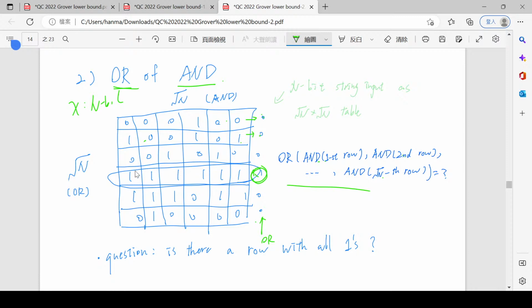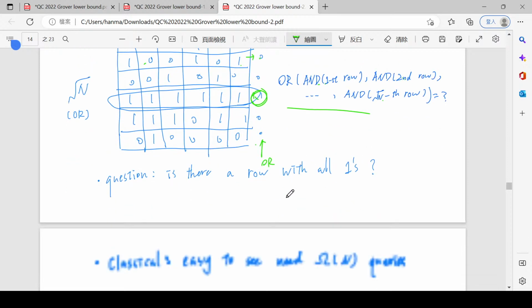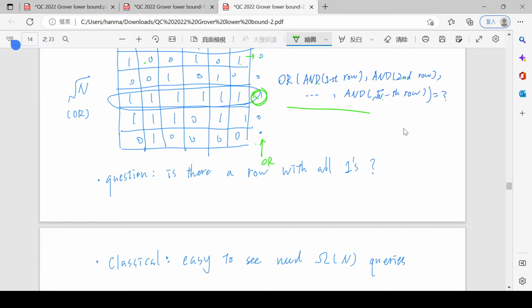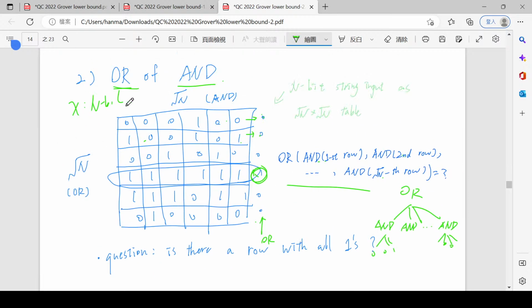So say, is there a row that's all 1s? That's the OR of AND function. And you can also think of this as kind of a decision tree. So it's OR here and the AND. So the OR of square root of n different ANDs, and each AND is over square root of n different inputs. And you can see that its input is still an n-bit string because this square has n numbers.